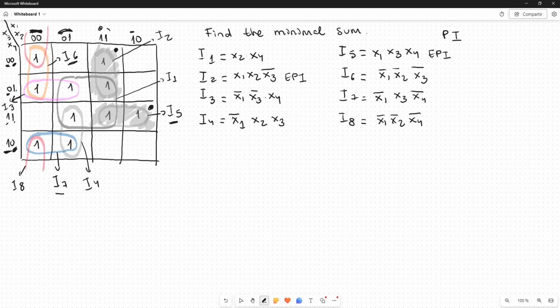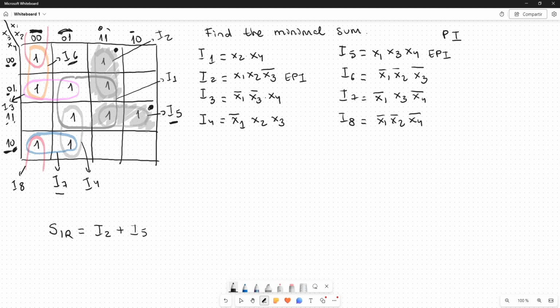We are going to start with the essential prime implicants. They are going to be compulsorily included in the function because they cover distinguished cells. And now we start covering the rest of the ones, exploring all the possible combinations.